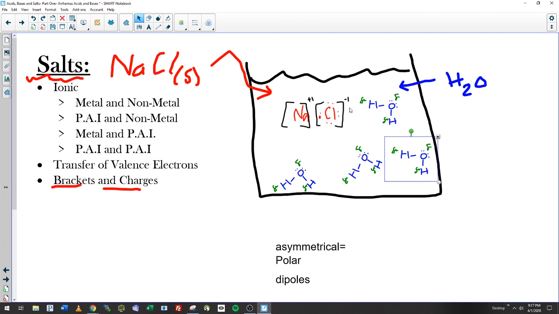When the sodium and the chlorine that are bonded together, match made in chemistry heaven, get put into the water, all of these waters are like, oh my gosh, that is the hottest piece of sodium chloride I have ever seen. The oxygens, which carry their little negative charge, find the sodium physically attractive. Like this one's attracted, and that one's attracted, and this one's attracted. Keep in mind, I only drew 4 water molecules.